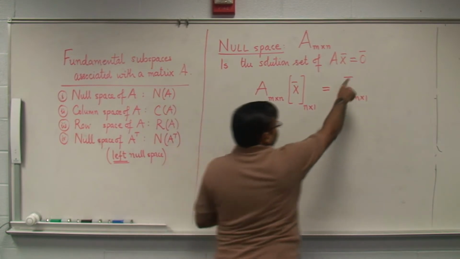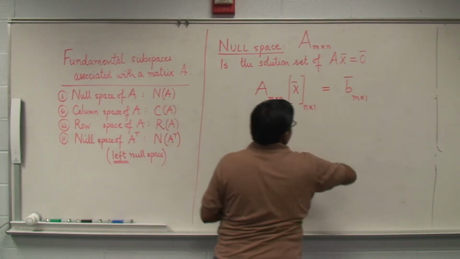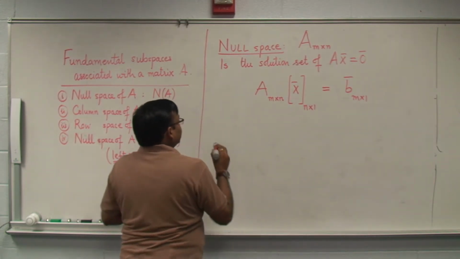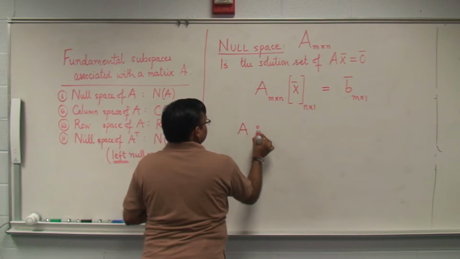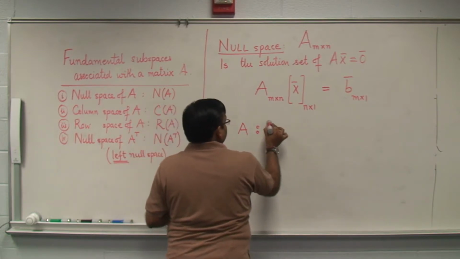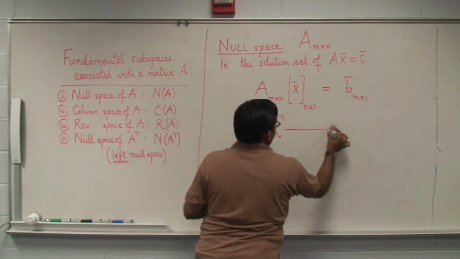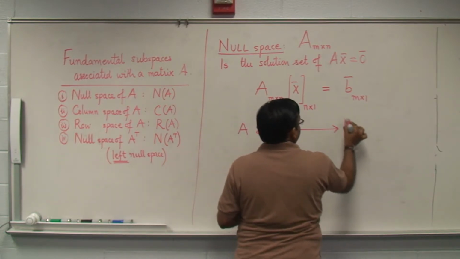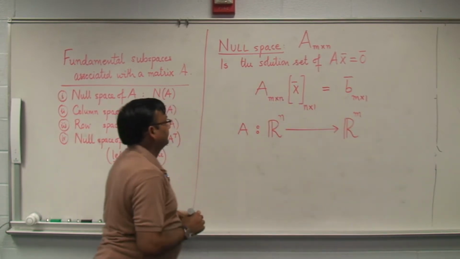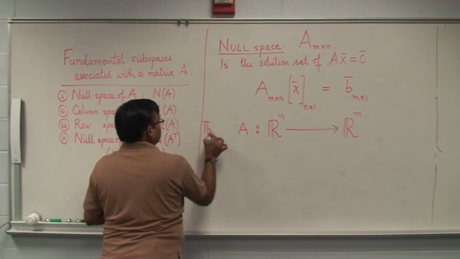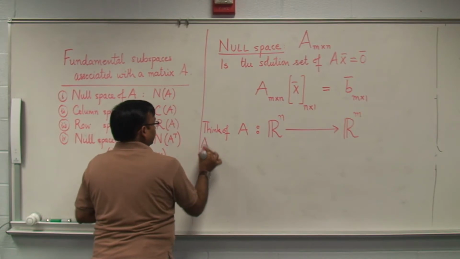So the right hand side 0 vector is m by 1, the left hand side solution vector x is n by 1. So can I not think of A as a function which takes a vector from Rn and maps it to some vector in Rm? So let us think of A not simply as a matrix. Think of A as a function.